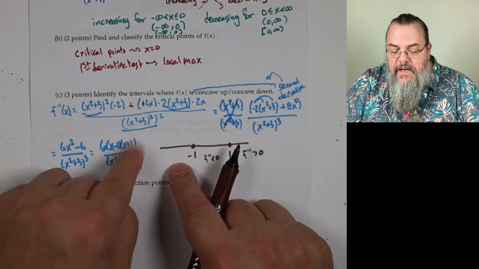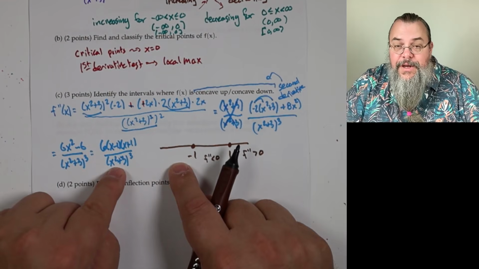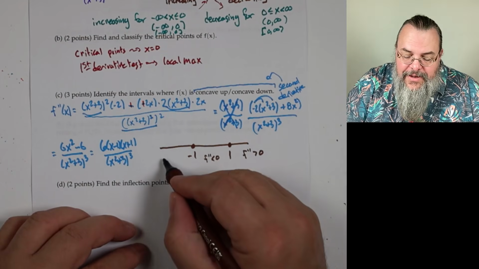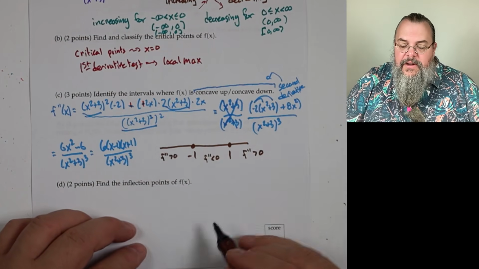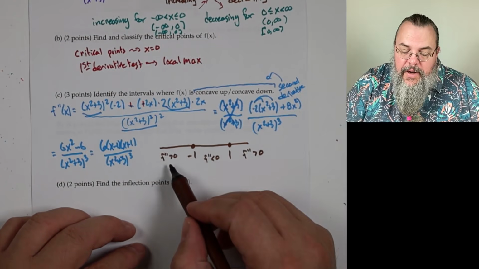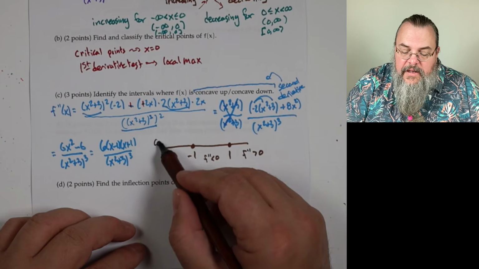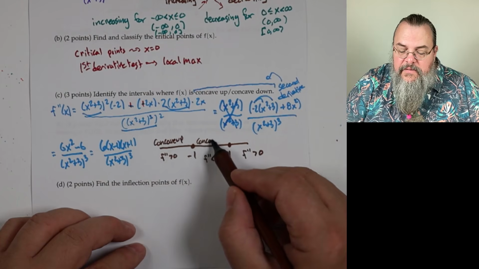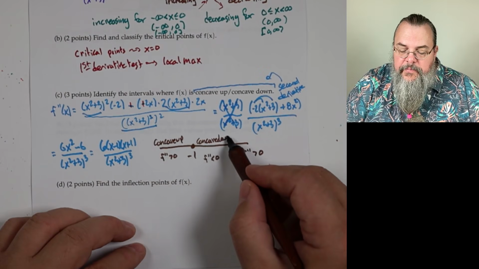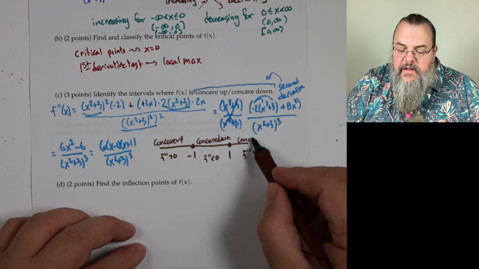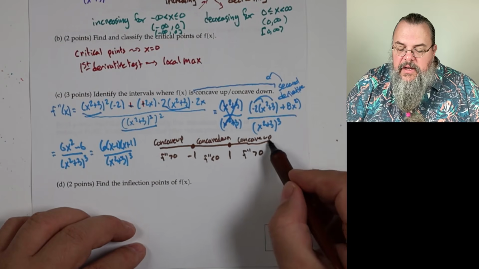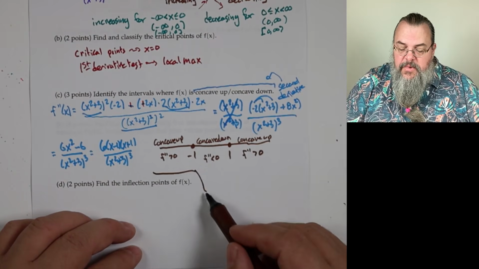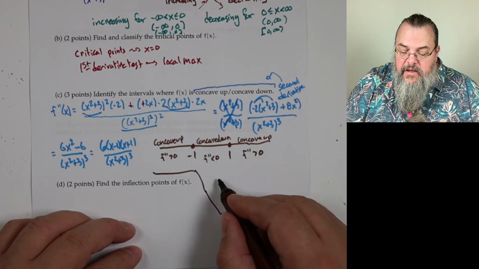Negative 3, negative, negative 1, negative, positive. Well, positive, negative, negative becomes positive again. So we're positive. Now, here's the thing. Positive means what? Concave up. Negative, concave down. And positive is concave up. All right. So, with that in mind, what can we say? We can say concave up.